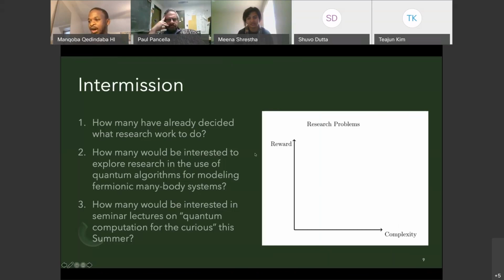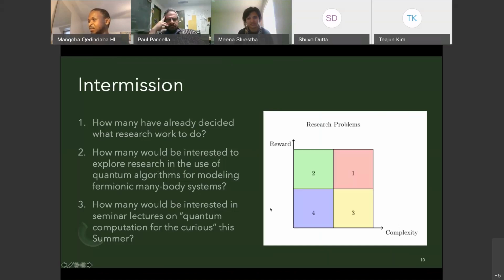I took the liberty to improve on the slide by dividing it into 4 quarters. The first quarter is problems that are not so complex but have relatively good rewards. The goal is to increase yourself by challenging yourself to get into quadrant number 1, where you're dealing with difficult problems with very high demand.